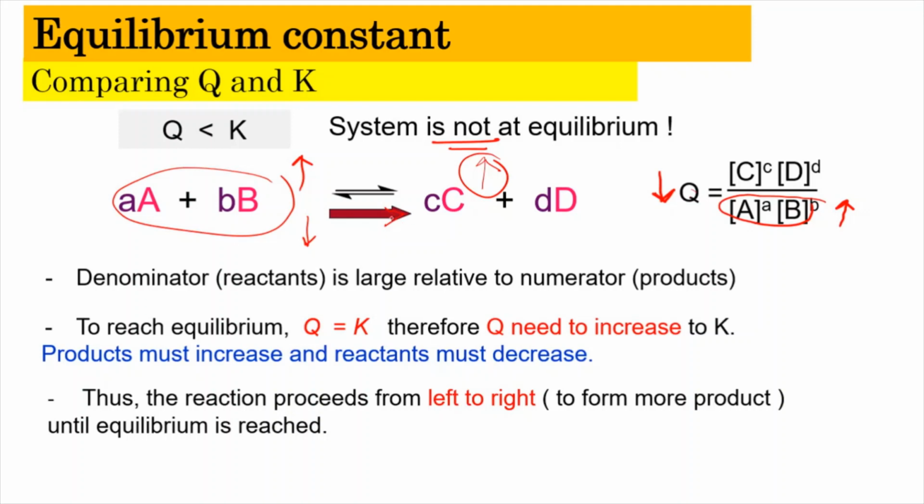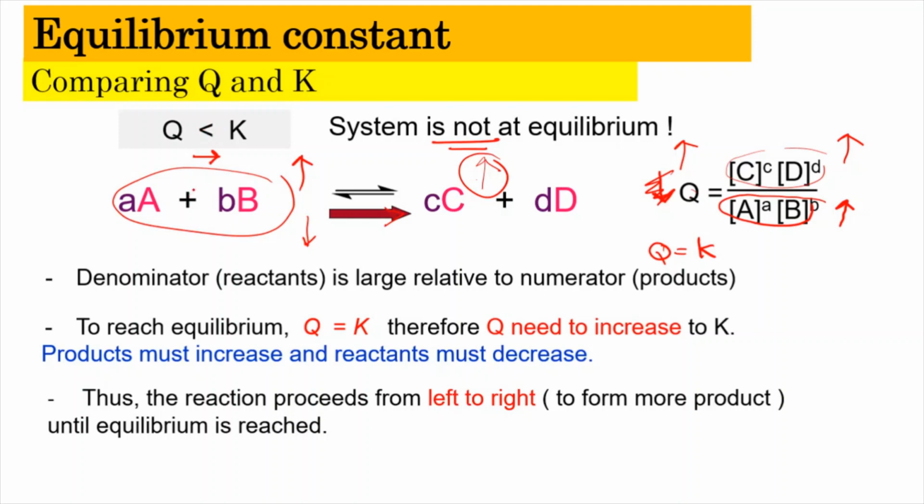When the reaction shifts to the right, we know that our concentration here will get higher, and as a result, our Q will get higher as well, and it will make Q equal to K. To make life easier, it's usually the reverse of the direction of the arrow here. So when Q is lesser than K, you automatically know that the reaction will shift to the right.